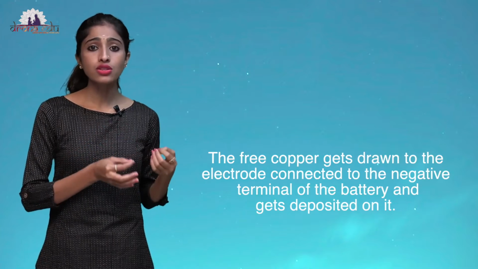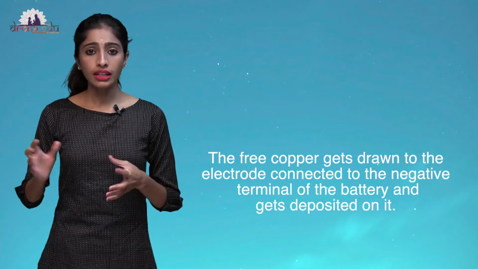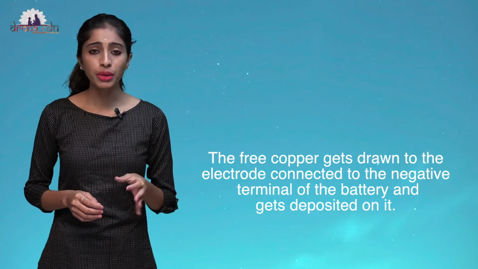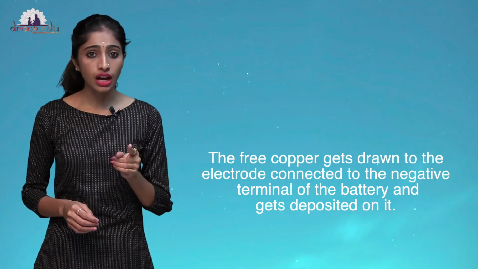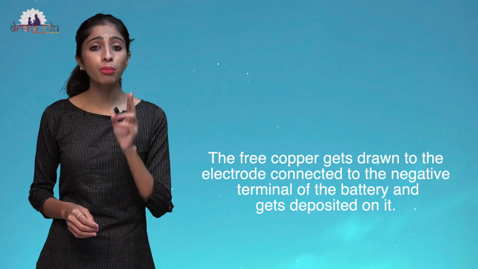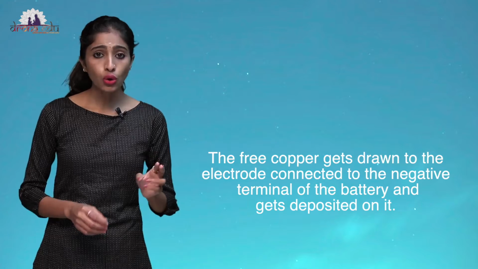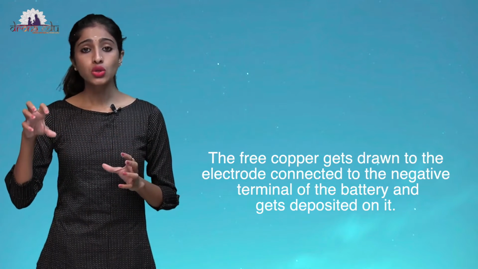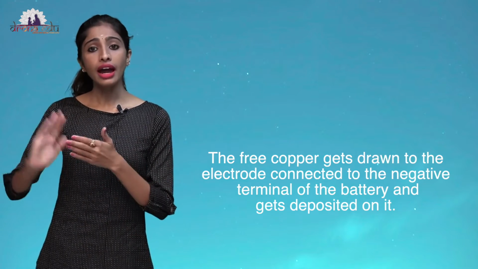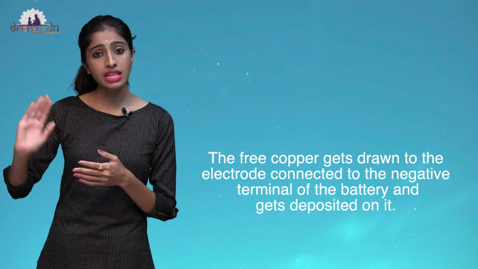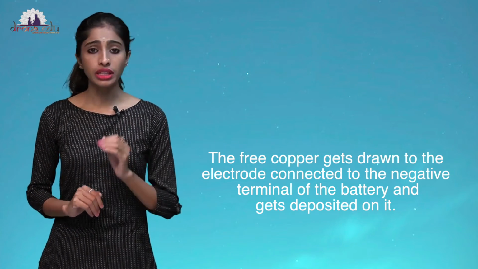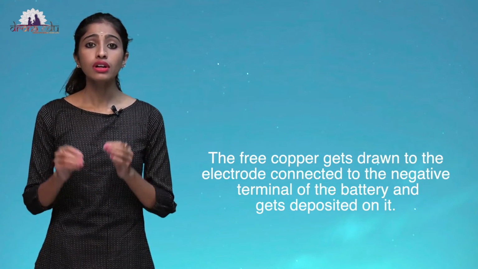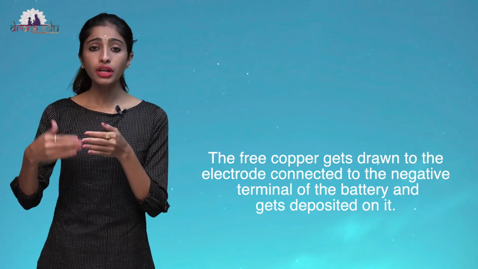Did you understand? The free copper gets drawn to the electrode connected to the negative terminal, because copper is a metal and will be positively charged. So it goes to the negative terminal and gets deposited on the negative terminal of the battery, the copper plate.